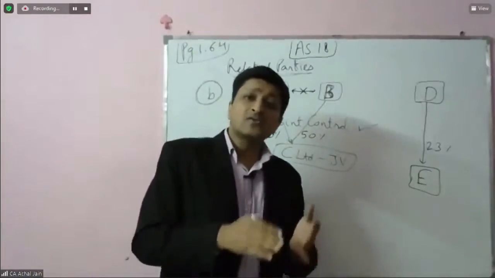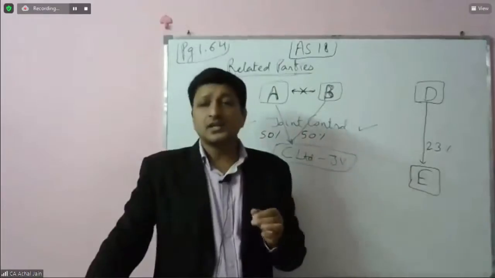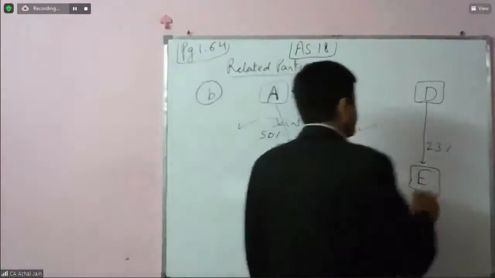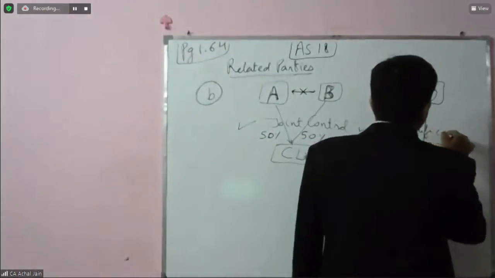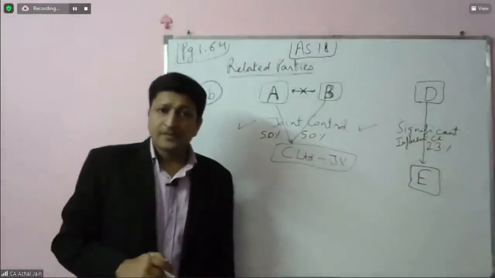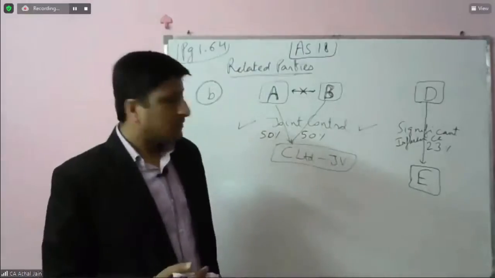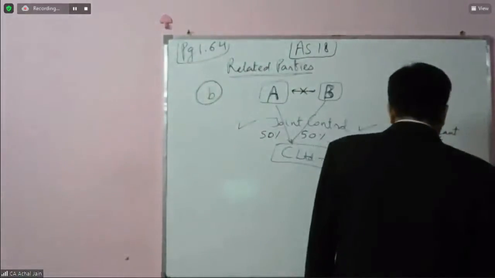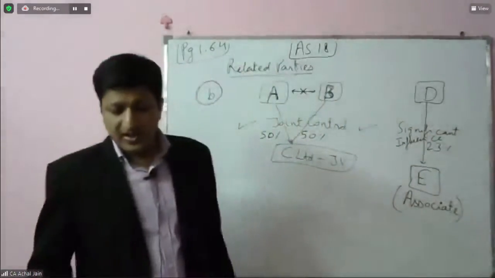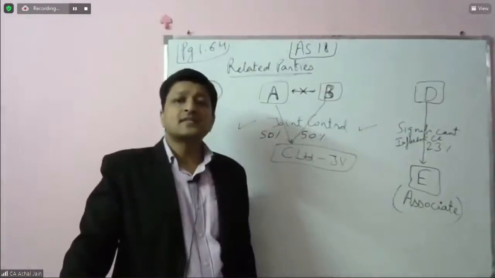And in case an entity has got less than 51%, but more than 20%, then it is considered as if such an entity has got significant influence over entity E. The moment we say that D has got significant influence over entity E, in such a scenario, E will be considered to be associate of D. Associate, you can say, is the one over which the investor D exercises significant influence.